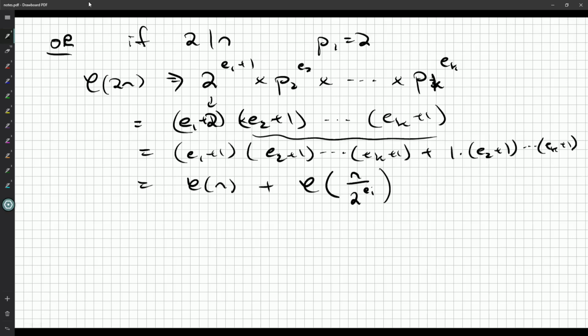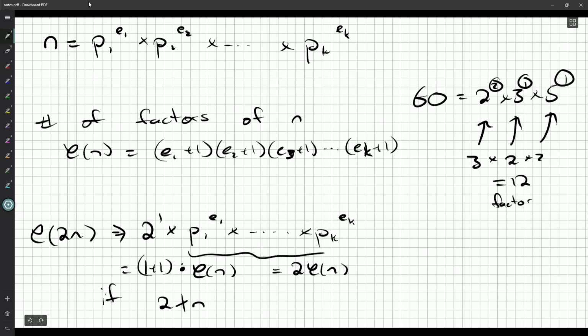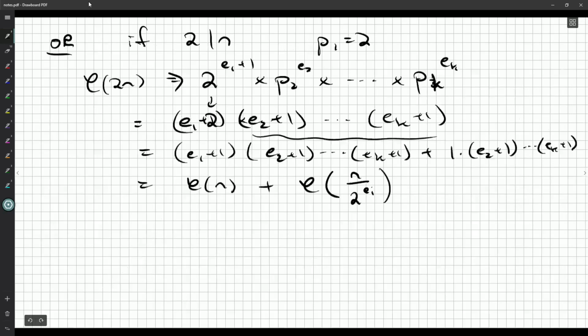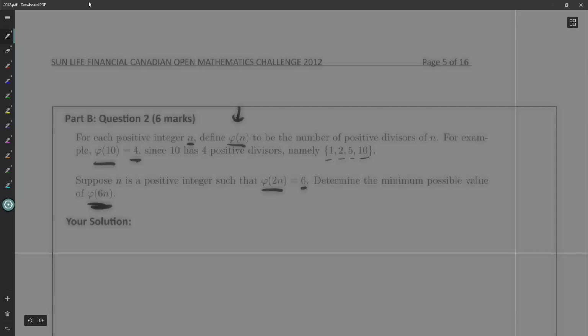Now, what are we told? Well, we know that phi of 2n is 6. So we might get phi of n is 3, or we might get something else that I don't even know. Now, phi of a number is always at least 2, unless you're looking at the number 1, because 1 only has one factor.